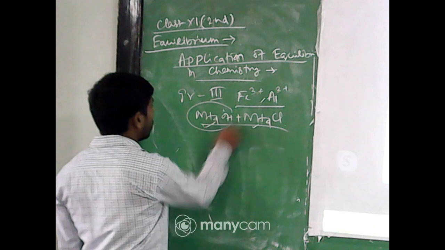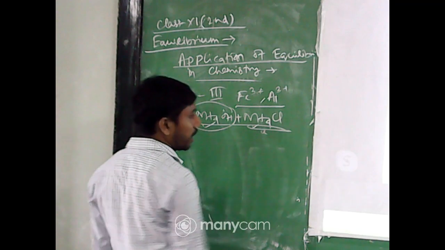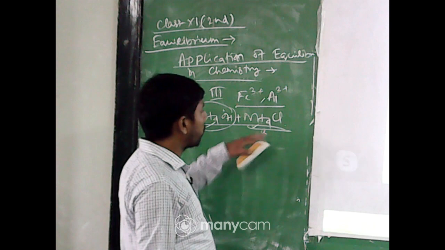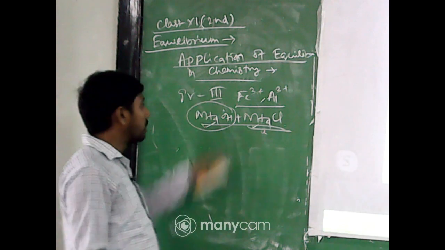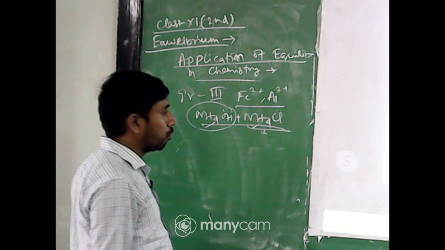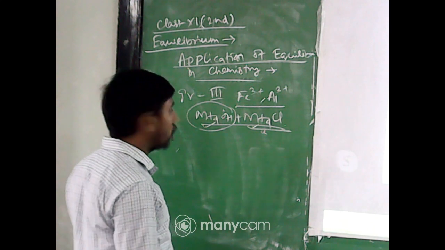Now NH4OH is a weak electrolyte, and NH4Cl is a strong electrolyte. This electrolyte dissociates completely, and the higher concentration of NH4 plus in the solution will suppress the dissociation of NH4OH. So here an equilibrium exists in the solution phase.